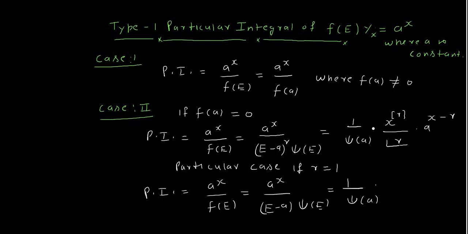So this becomes x into a to the power x minus 1 divided by factorial 1. So this is a summary of type 1.